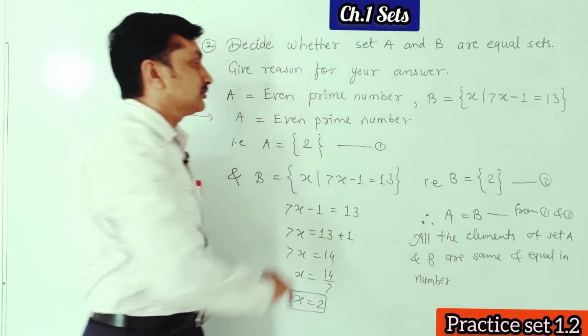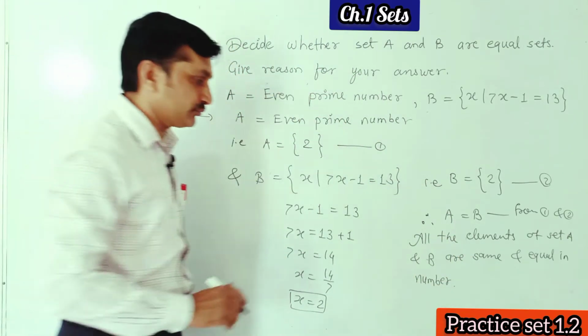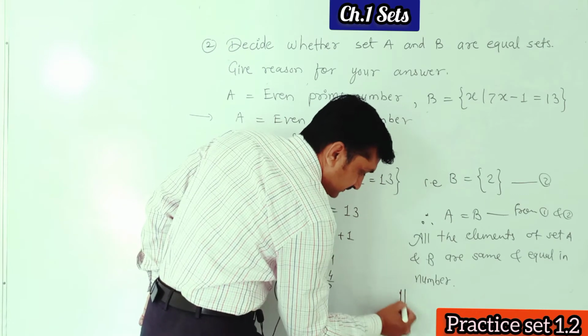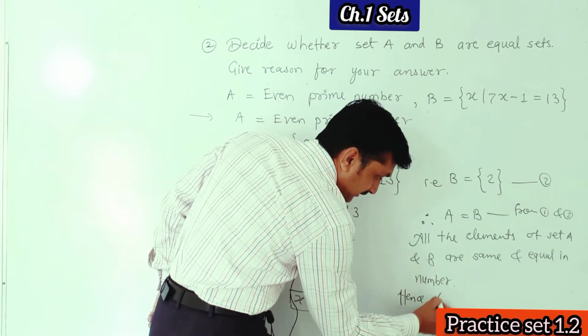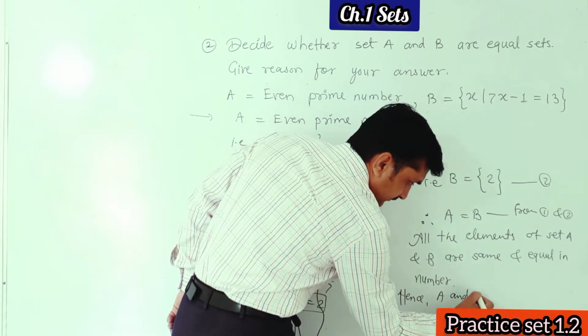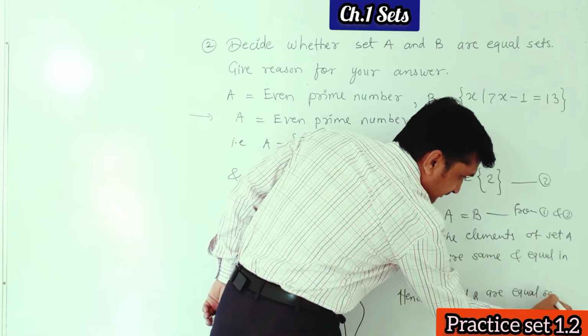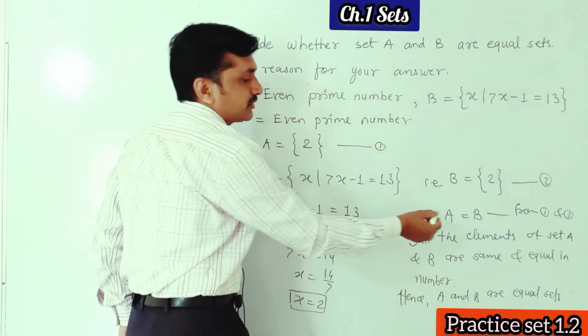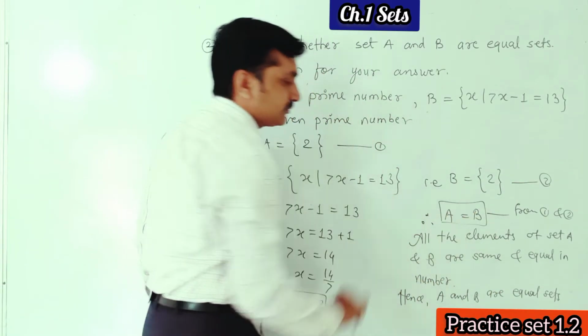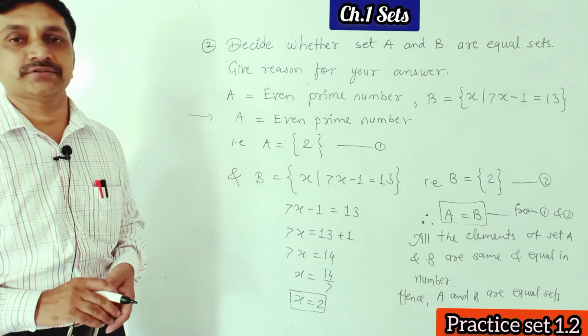Therefore, set A and set B are equal sets. It is the reason. Already we have shown them equal, but this is the reason we have to write.